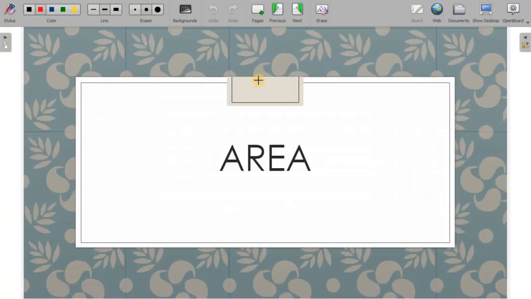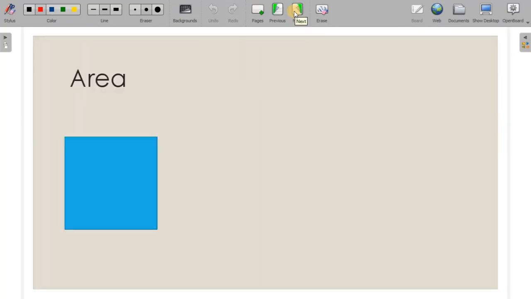Now let's convert area from one unit square to another unit square. Remember that the formula for area is length times width.